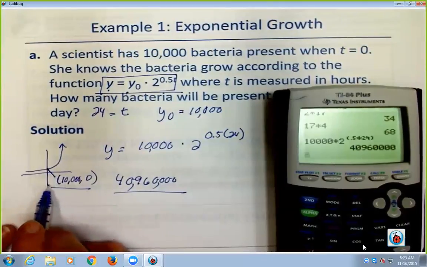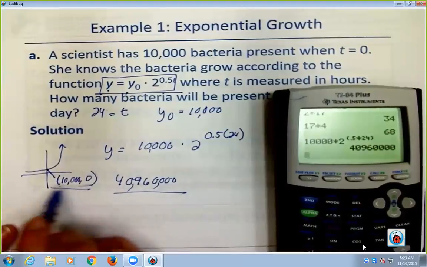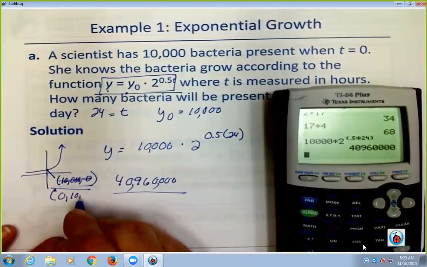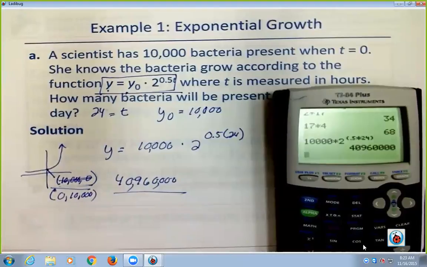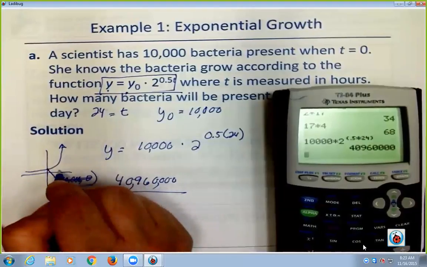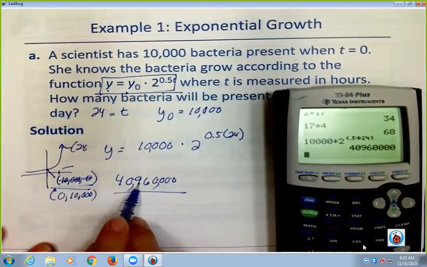Okay, so if I were going to graph this, I would start at, whoops, I got that backwards, a y-intercept of 0, 10,000, and that's where I would start, and then this rapidly shoots up here. So then this is out at 24 hours, and I have that number of bacteria.